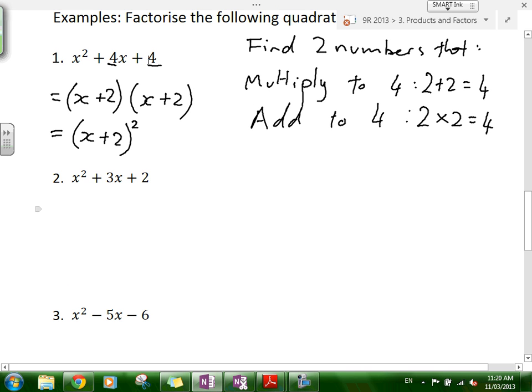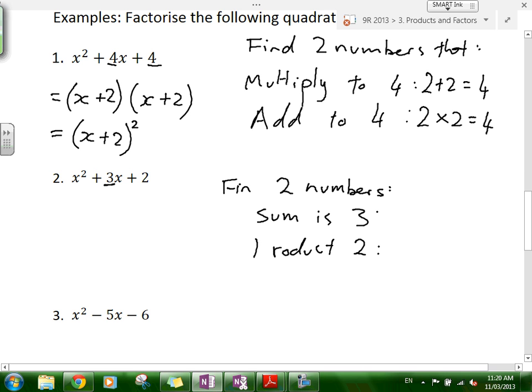Now if I go up, we've got x squared plus 3x plus 2. So we need to find two numbers. The sum must be this one, which is 3. Then the product, which is the two multiplied together, has to be 2, because that's the one the two numbers have to multiply to.